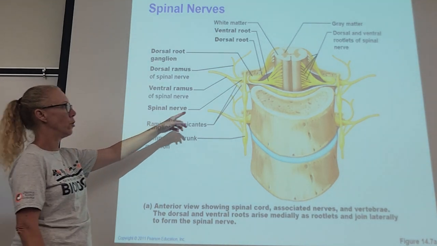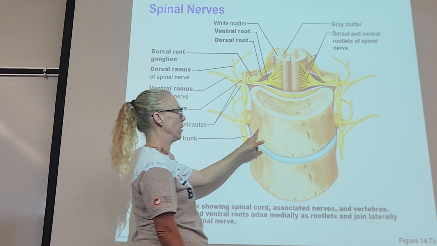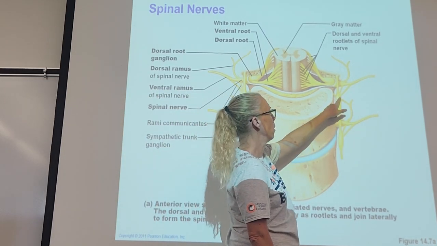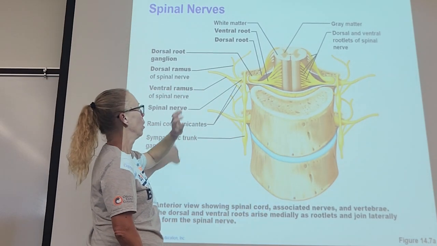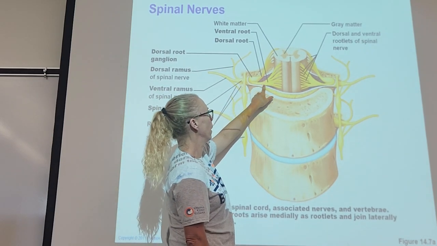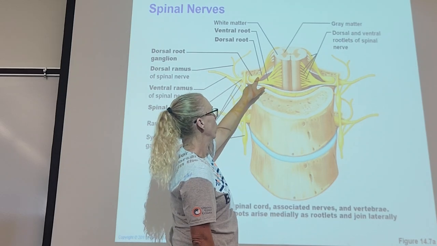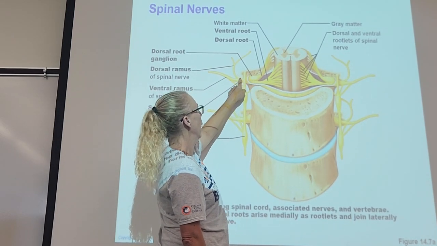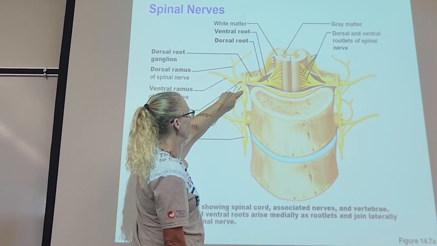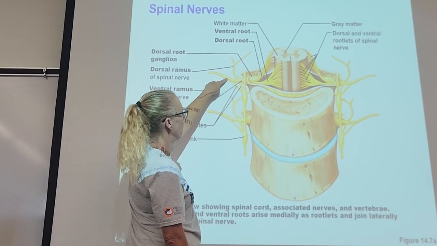This is basically just showing you that same model that we have in lab, where you've got the ganglion on both sides. You've got enlargements where the cell bodies are going to be housed. You have a spinal nerve here that's exiting. You've got the posterior root and the anterior root that allow the spinal nerve to connect to the spinal cord. You've got your dorsal root ganglion, and then once that spinal nerve exits, it's going to branch into a dorsal ramus and a ventral ramus.